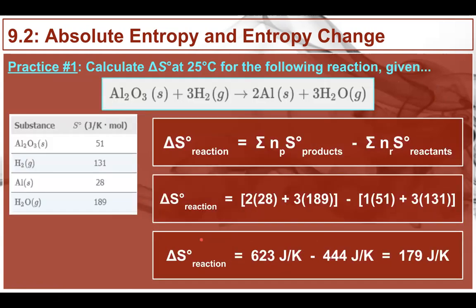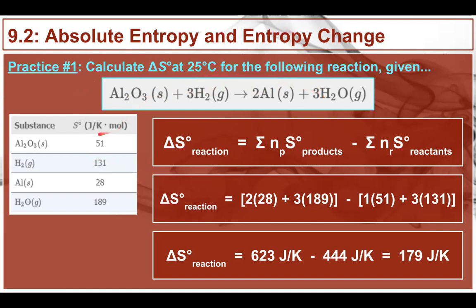Now we're going to look at one example and then I'm going to have you work on one on your own. For this first one, again, this is at standard conditions, 25 degrees Celsius. Al2O3 plus 3H2 yields 2Al plus 3H2O.